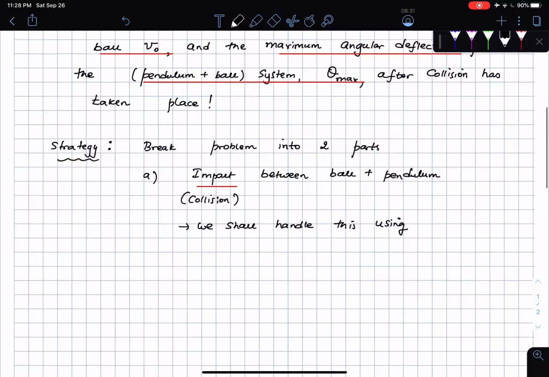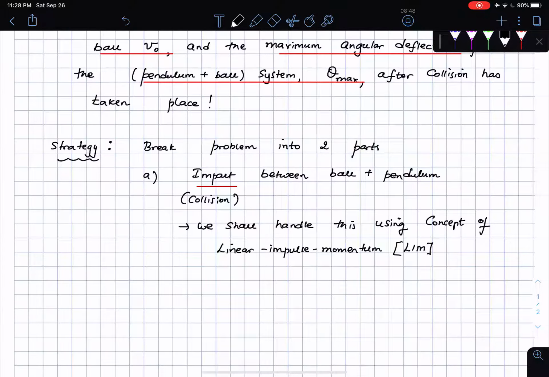using the concept of linear impulse momentum principles. My shorthand notation is LIM principles, and angular impulse momentum, or AIM principles.